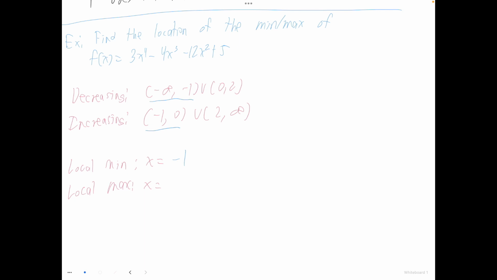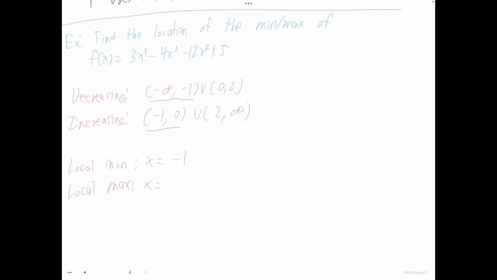If you plug those in, the point is negative 1, comma, and then we'd have 3 times 1 plus 4. So 3 plus 4 is 7, minus 12 is negative 5, plus 5. So we get negative 1, 0. And then at 2, I'll actually write this one down.